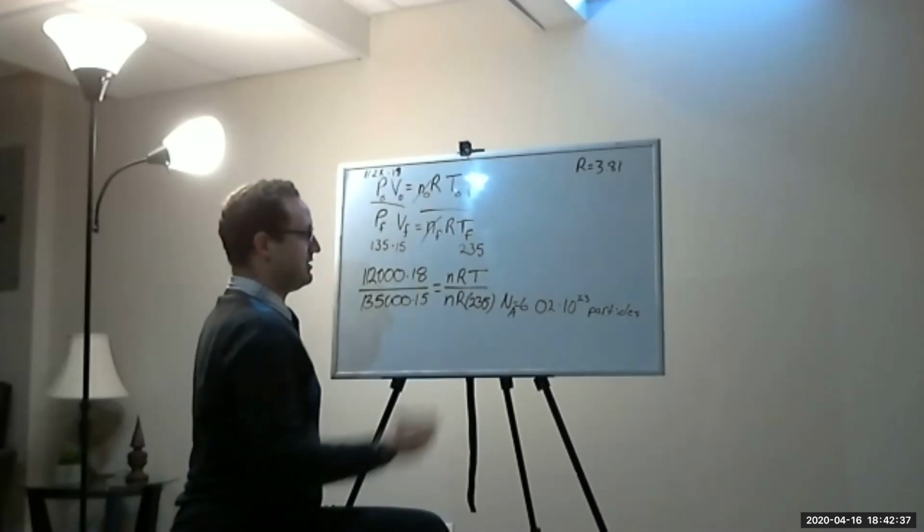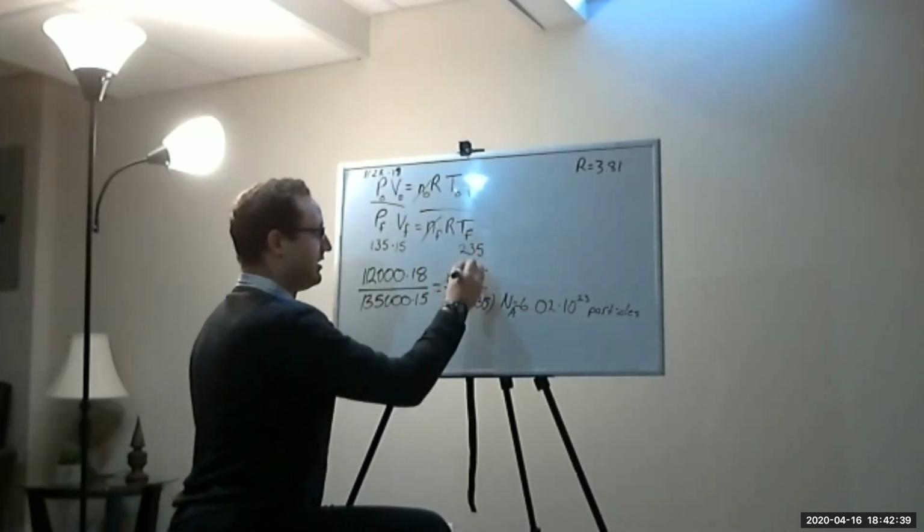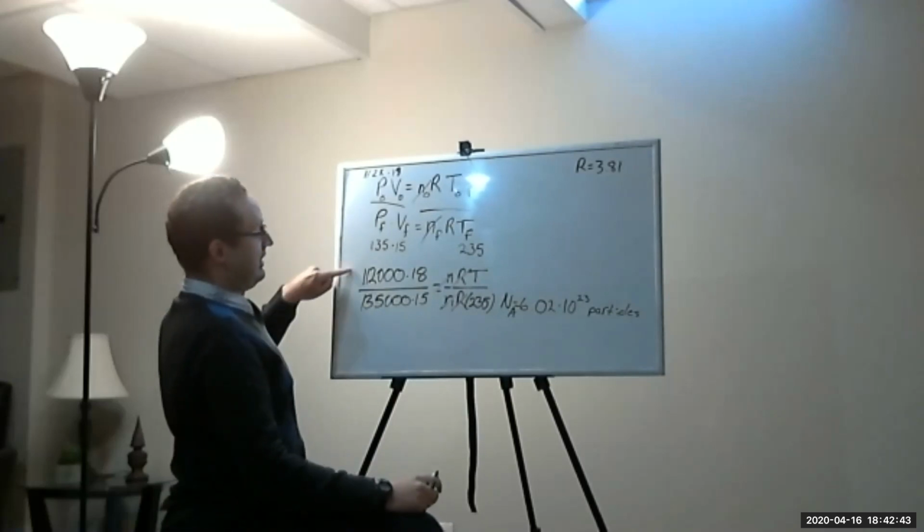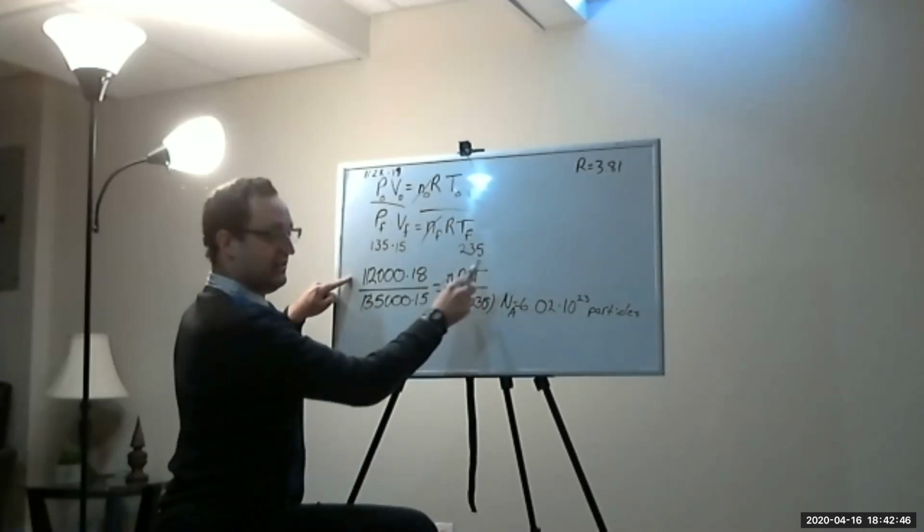This. N cancels, R cancels. That's why I was saying you could cancel them. Let's calculate this because that'll allow us to find T.